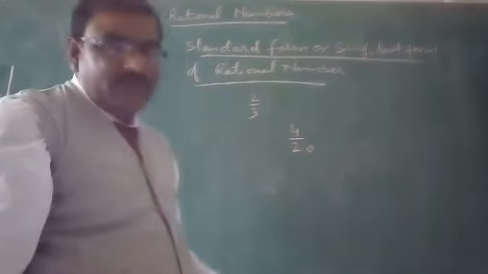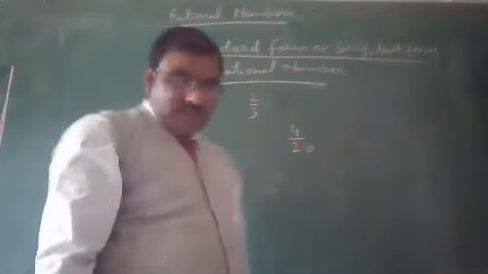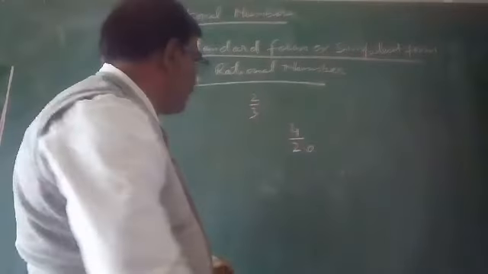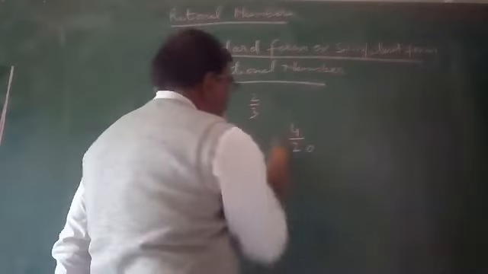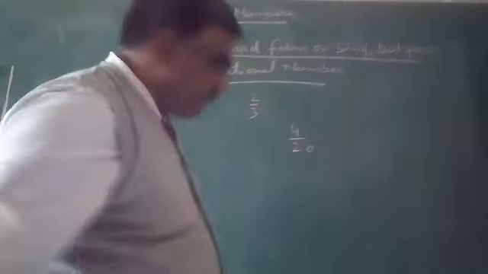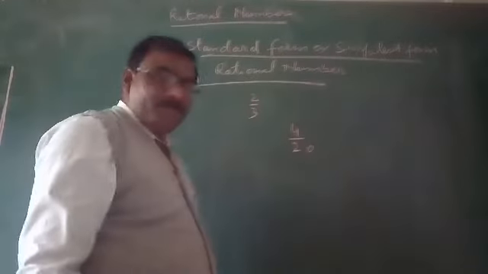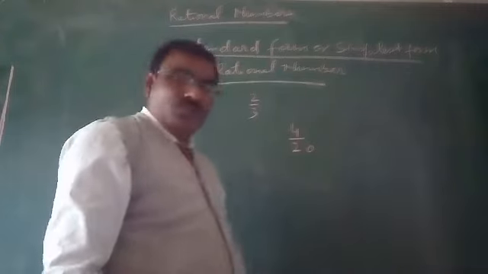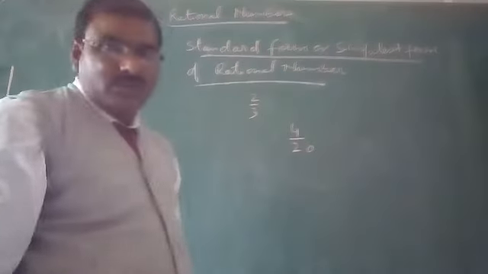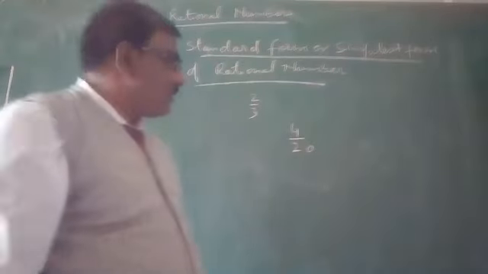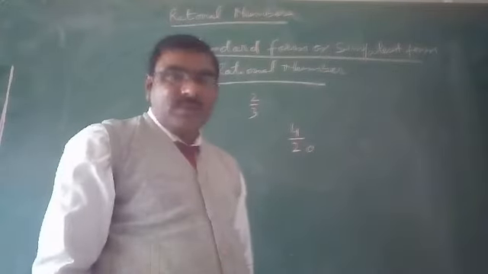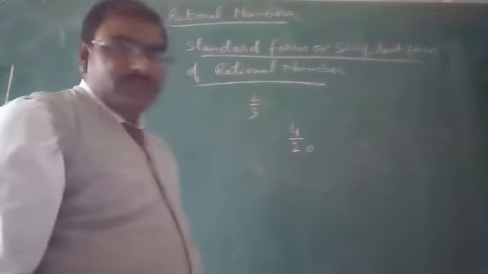If we want to convert it to its simplest form or standard form, I divide by 4, which is the HCF of 4 and 20, and then I will get the standard form of 4 by 20.